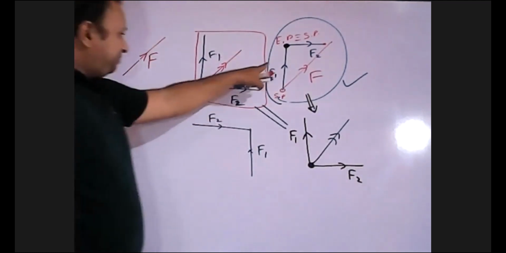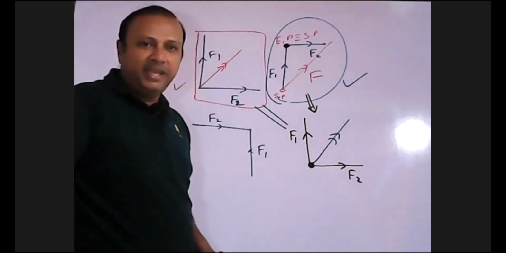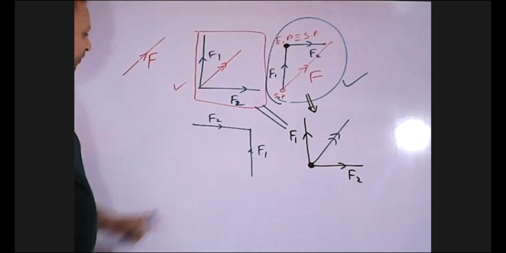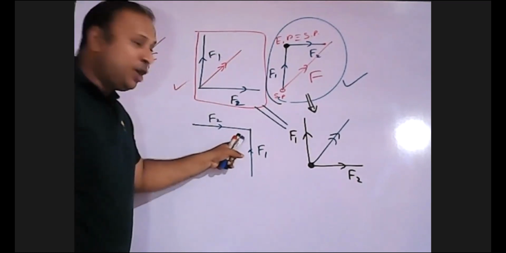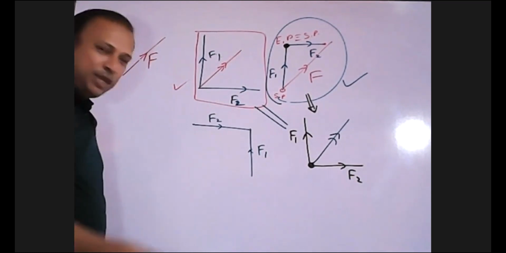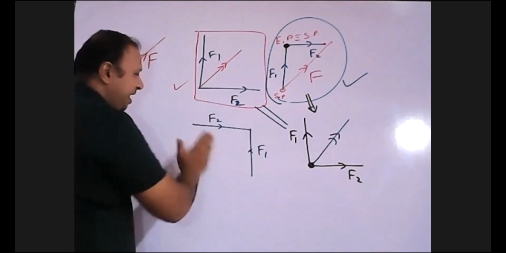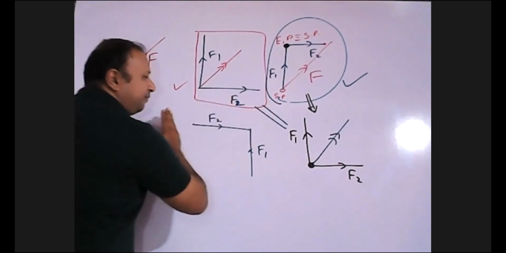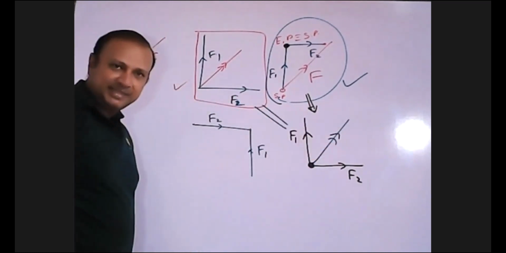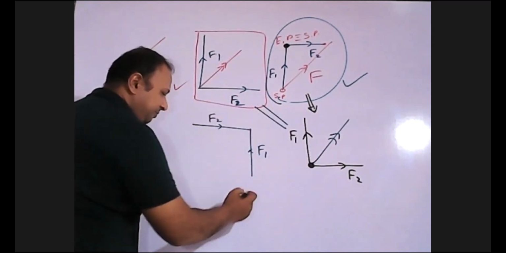In this case, I changed the arrangement of F1 only. But if you want to arrange this one, you have to change both F1 and F2. You have to shift F1 in the upper direction and F2 to the right-hand side.